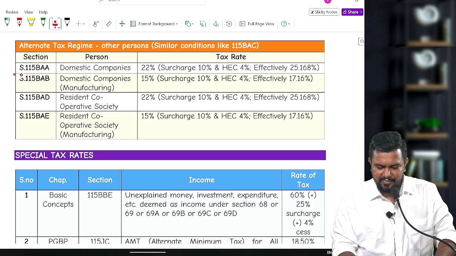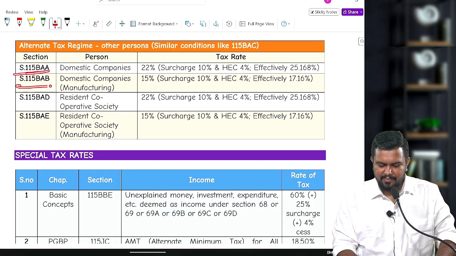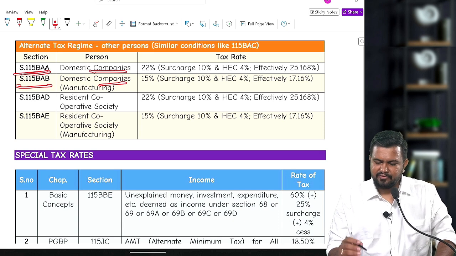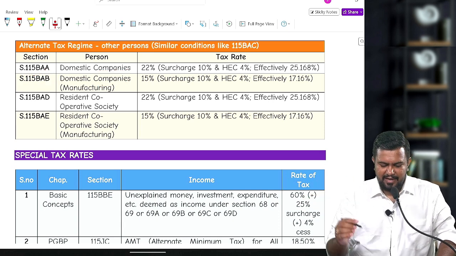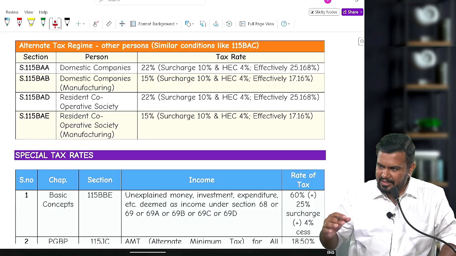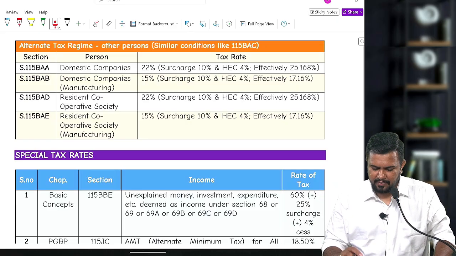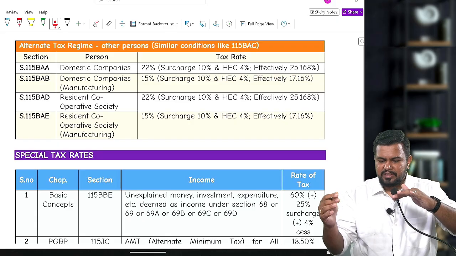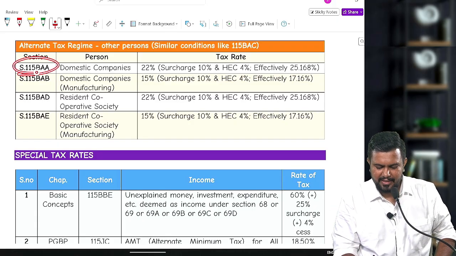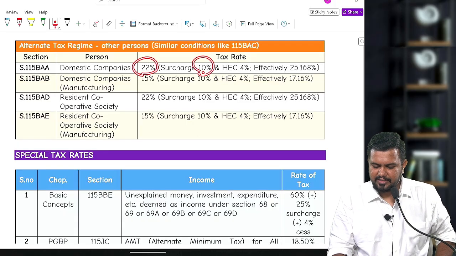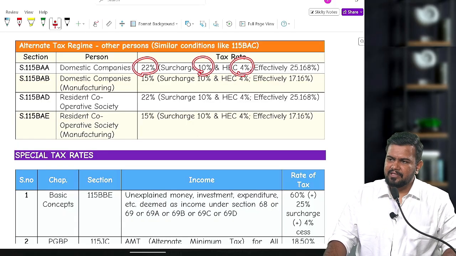So 115BAA and 115BAB are given to domestic companies. 115BAA is for all the domestic companies, and 115BAB is for domestic companies engaged in manufacturing. For all the domestic companies, if they come into the new regime, that is 115BAA, then their tax rate will be 22% plus 10% surcharge plus 4% health and education cess.